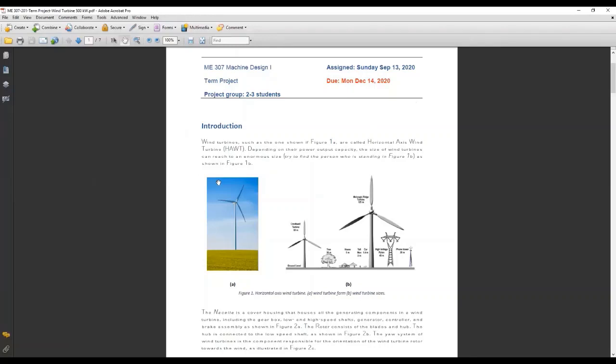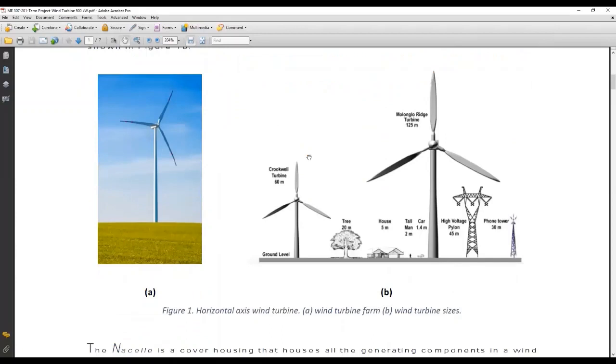Or at least you may get involved in some sort of a job assignment that is related to the wind turbine. After working on this project, you will at least know a few basic pieces of information. For example, wind turbines are huge, truly huge.